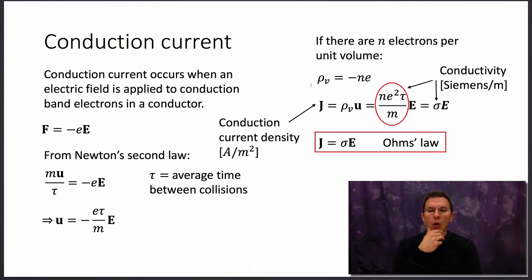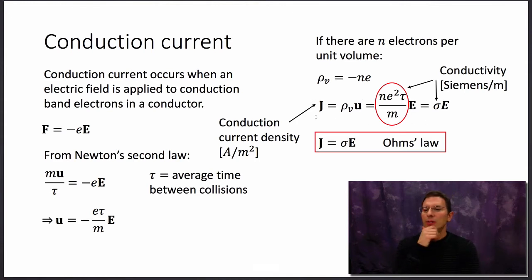Okay. Well, by definition, again, we saw in the previous slide that the current density J is equal to our volume charge density times the velocity. So we can substitute this expression in here for our volume charge density and this expression here for our velocity, and we end up with the following.